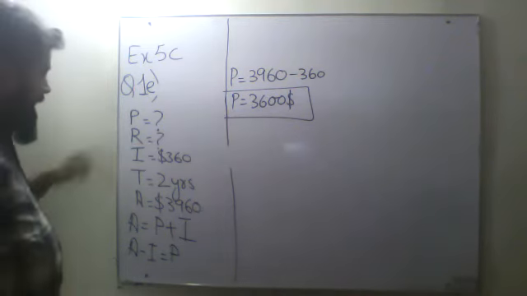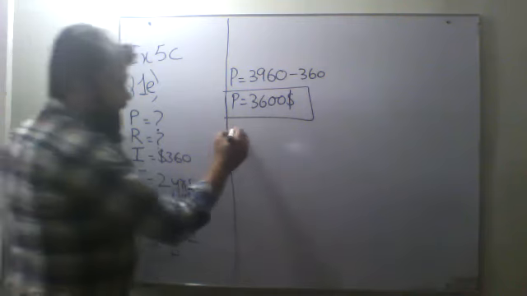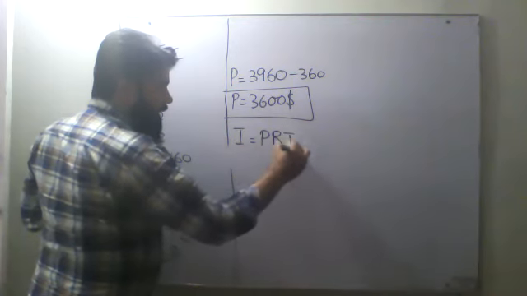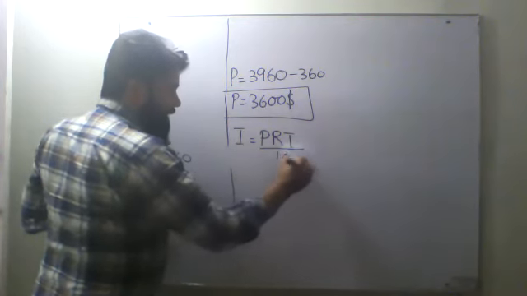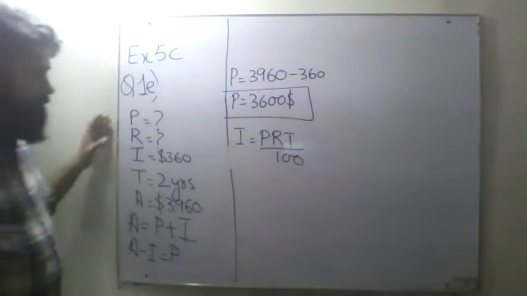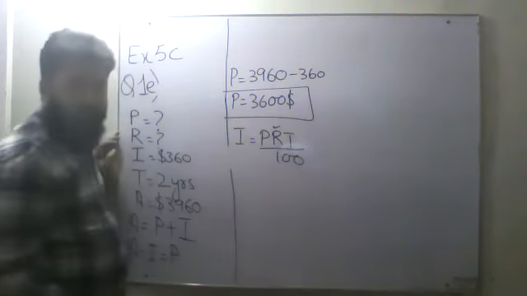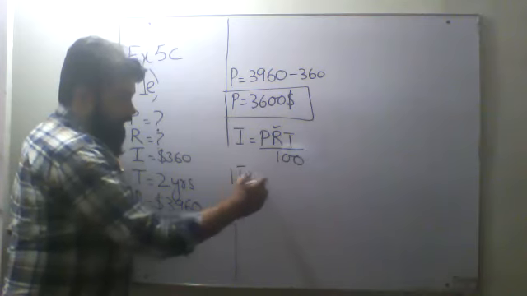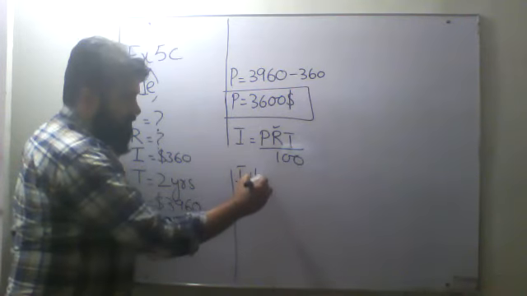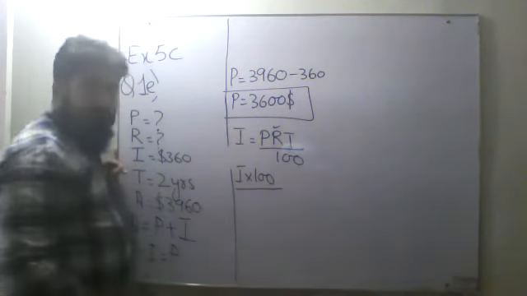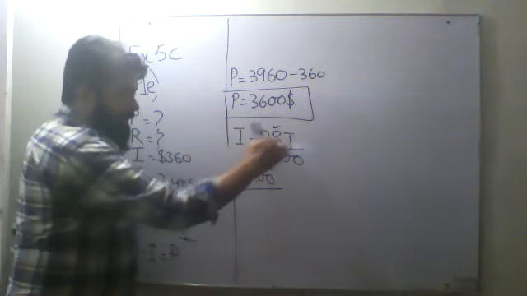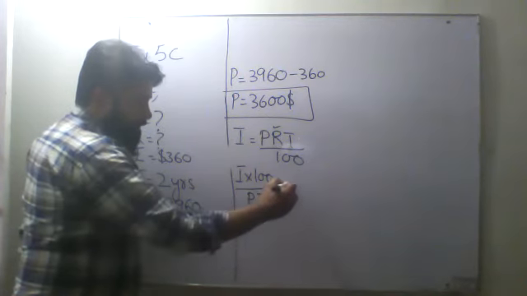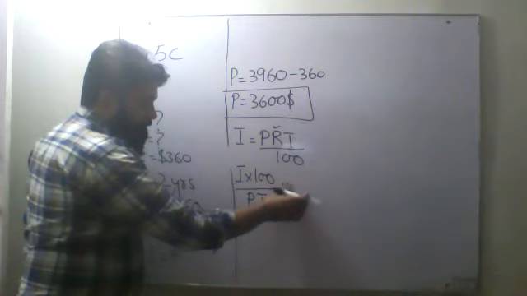Okay. After that, I have to find rate. We know that I equals to PRT upon 100. That's the formula. I have to find R. So what will I do? 100 will be multiplied with I, and PT, which are being divided by R, will be written in the denominator.